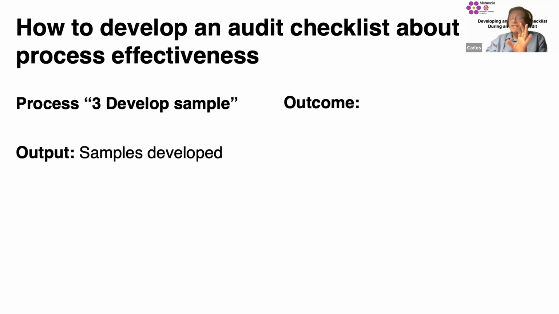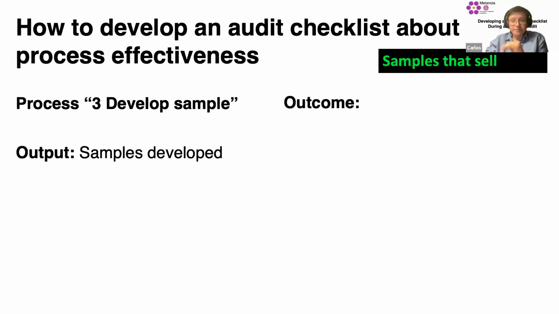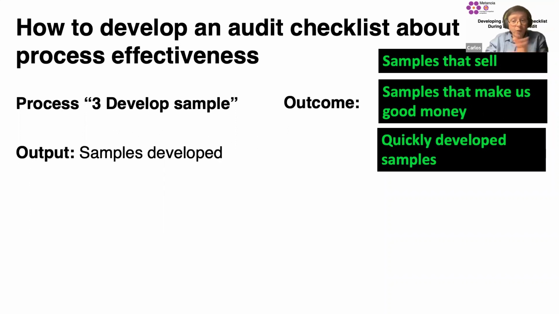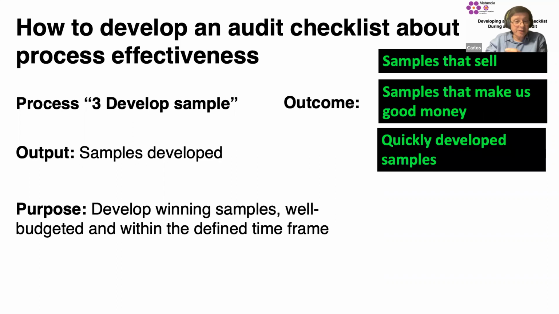You want samples that sell. You want samples that make the company earn good money. And you want samples developed quickly. So think about the purpose of the process as developing winning samples, well budgeted and within the defined time frame.